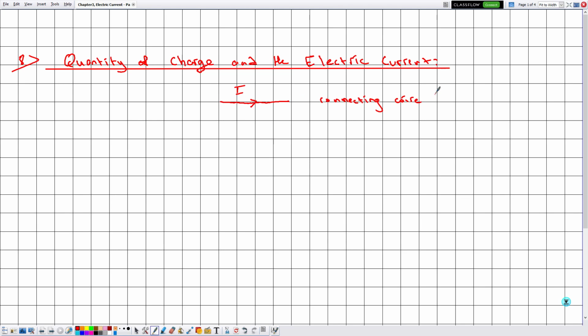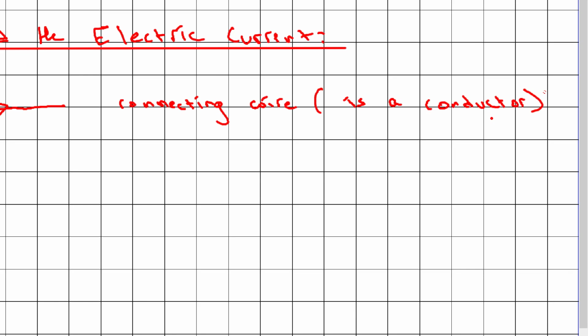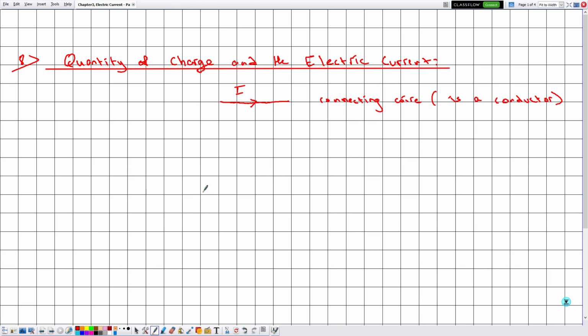Knowing that the connecting wire is a conductor, what is a conductor? A conductor is a solid or a state of matter in which charges can move easily.